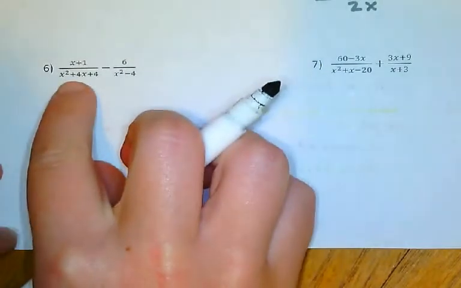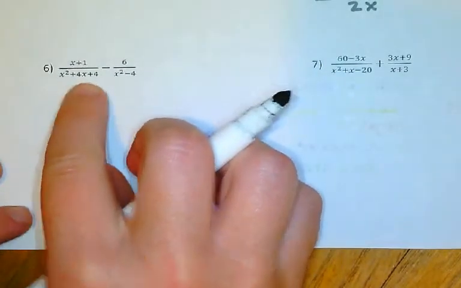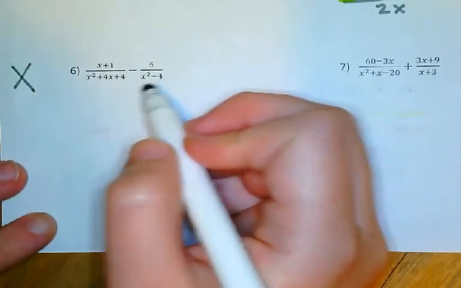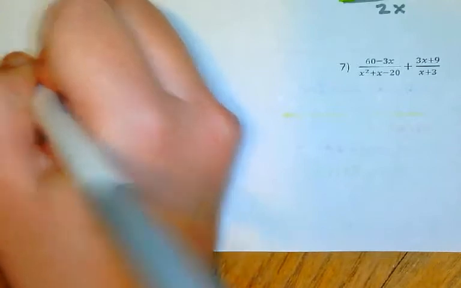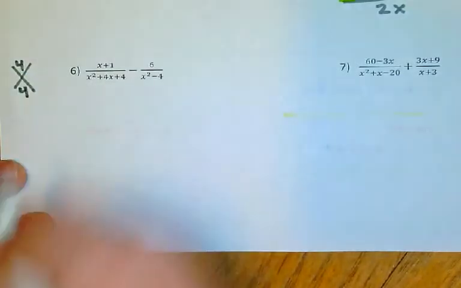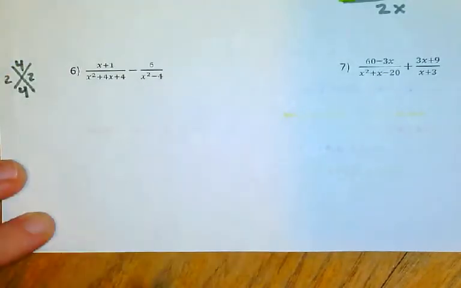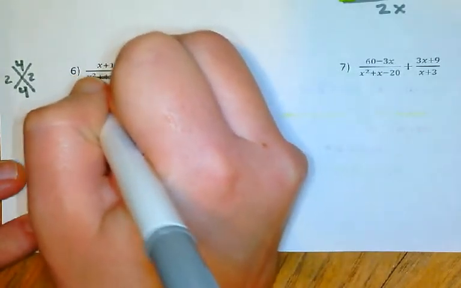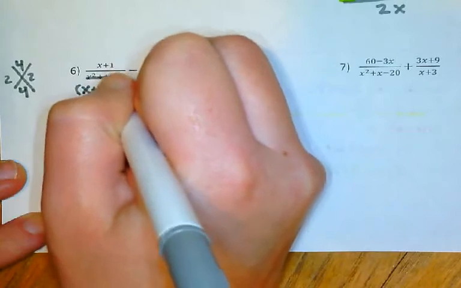I want to know what multiplies to 4 and adds to 4. Oh, 2 and 2, right? Both positive. So this is really going to be x plus 2 and x plus 2 for that one.